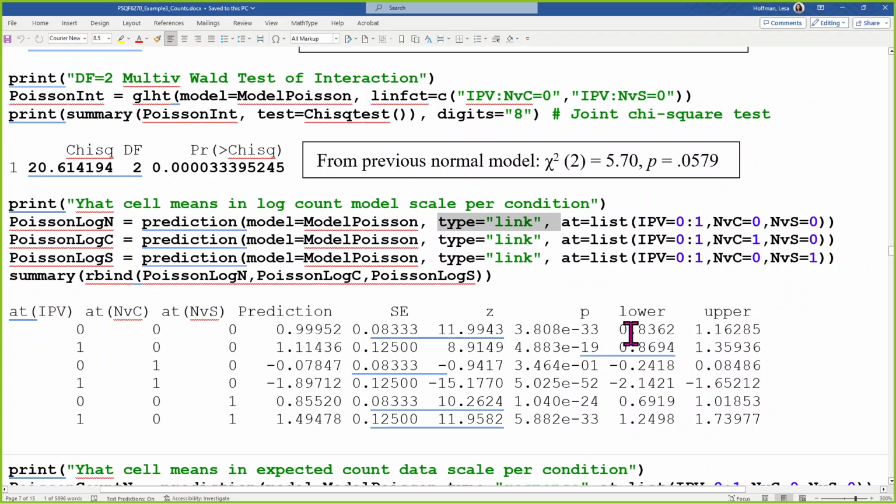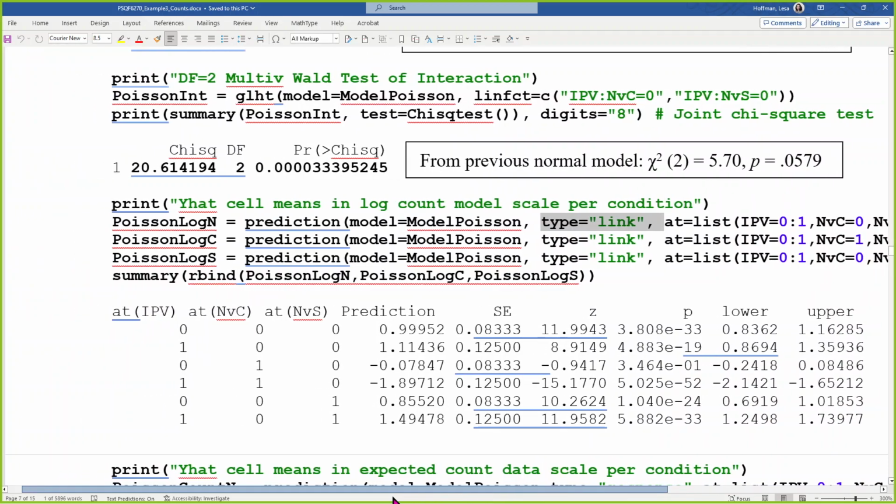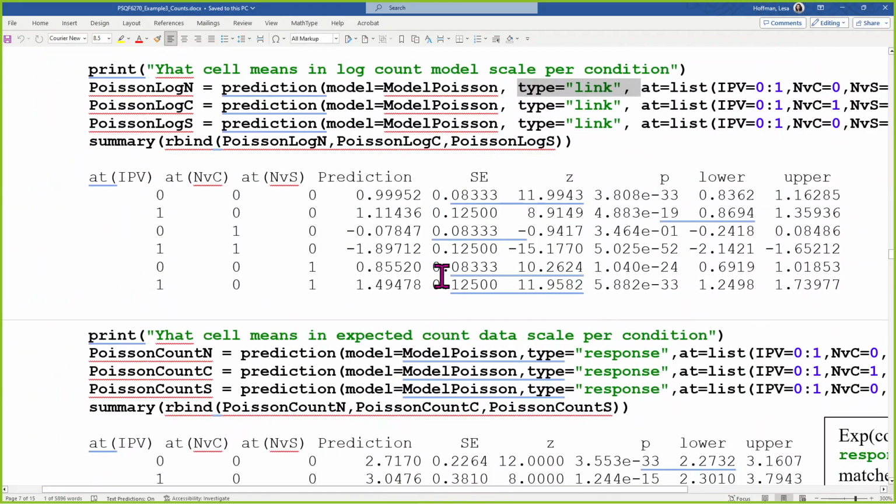What scale are these predictions going to be in? And feel free to read from the screen too, that's always an option. Yeah, log, in the link, in the model version. So these are in logs. So using the model slopes, it came up with these predicted log of expected count.